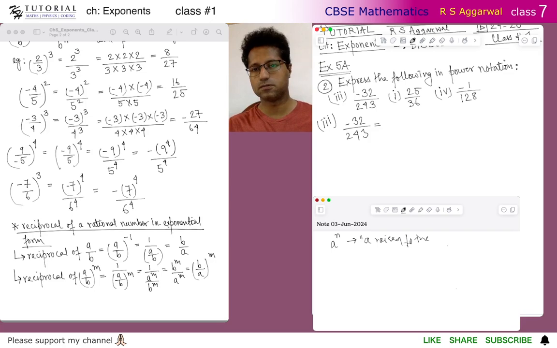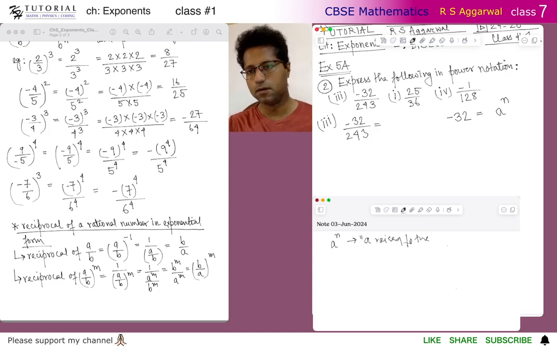we have to express the numerator, minus 32, in the form a to the power n for some positive integer n and some number a.